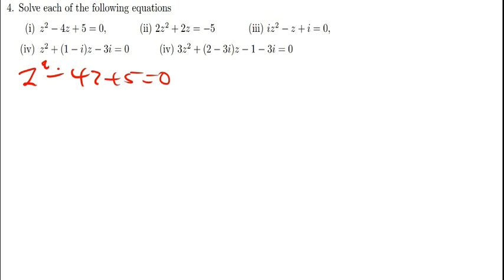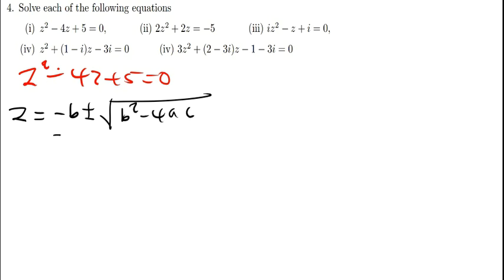When you put them in a square root, sometimes you end up having a negative, which we know we sometimes call undefined, but in this case, since it's a complex number, it's not going to be undefined. So we use the same formula. z will be equal to negative b plus or minus the square root of b squared minus 4ac, all divided by 2a, like that.